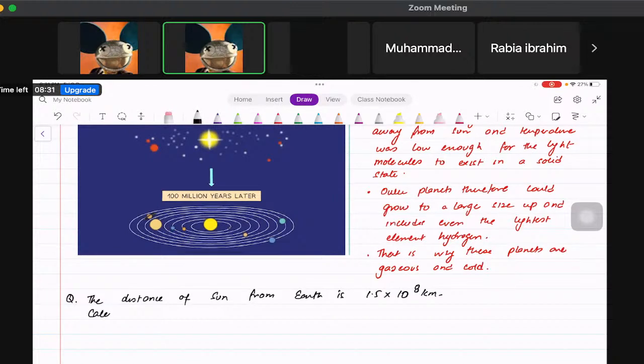Calculate the time in minutes for the light to reach us from the Sun. Can you guys do it? Please. Think about it. Then how would you do this?